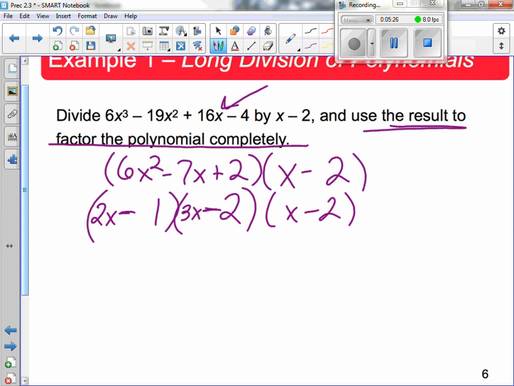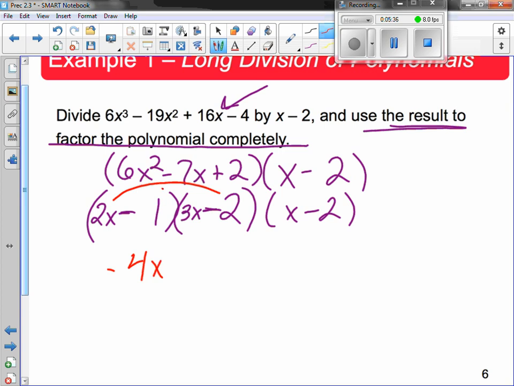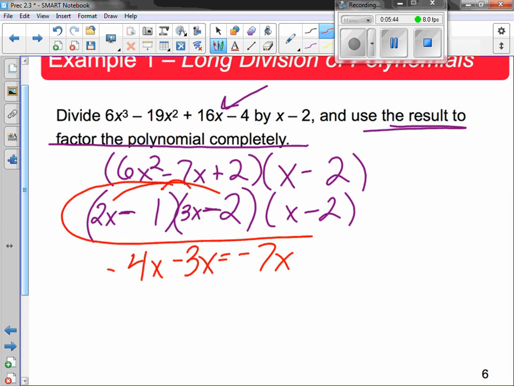We just picked 2 and 3, because at the end we check. 2x times negative 2 is negative 4x. 1 times negative 3 is negative 3x. And that gives us negative 7x, yes? So this is it factored completely.